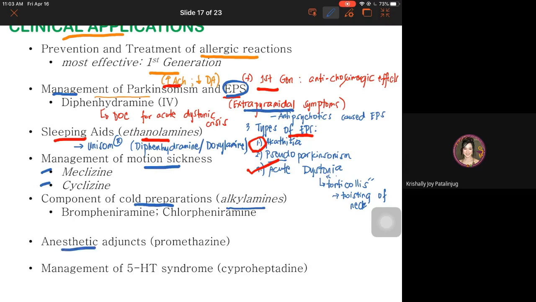Then, yung Phenergan, yung promethazine, ginagamit as pre-anesthetic agent. And cyproheptadine because of its anti-serotonergic action, pwede siya for the management of serotonin syndrome. So that is for the clinical applications overall ng mga H1 blockers.